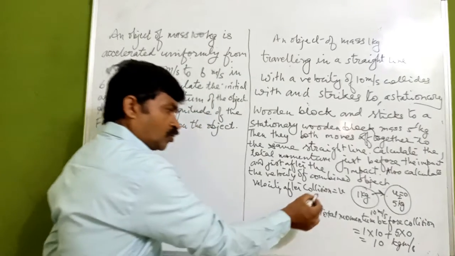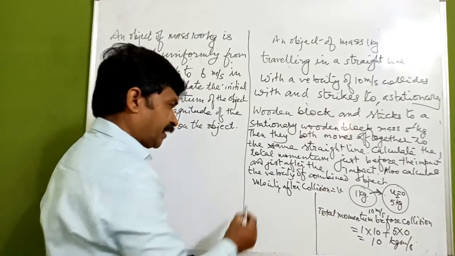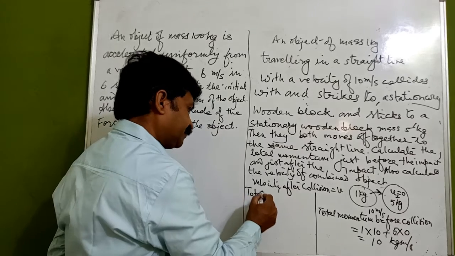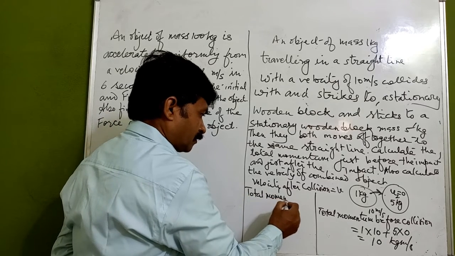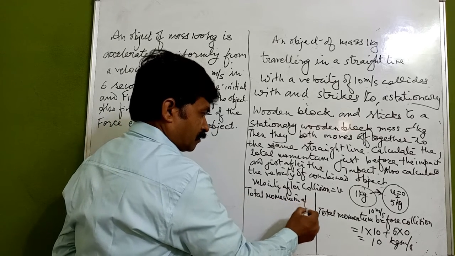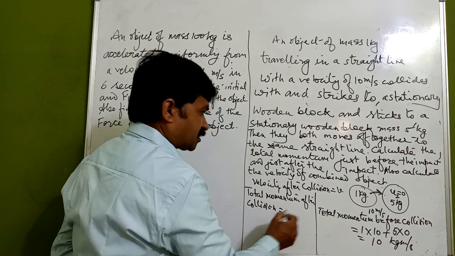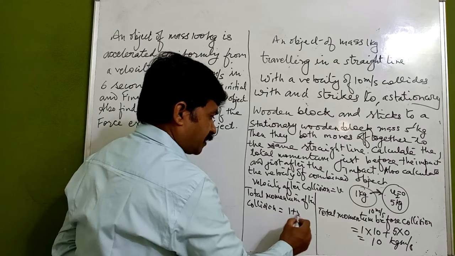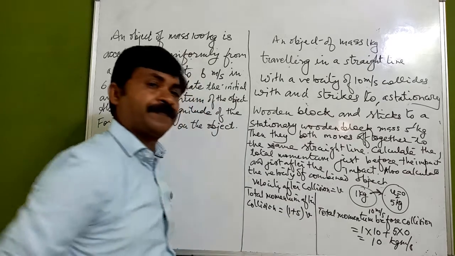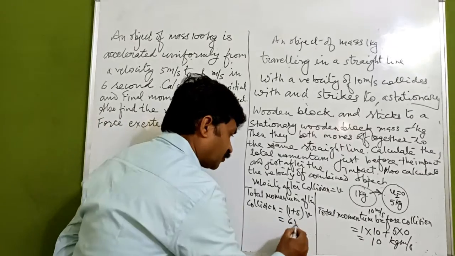So the total momentum which we get after collision will be the sum of these two masses, 1 plus 5, into the velocity. So it is going to be 6 into v.